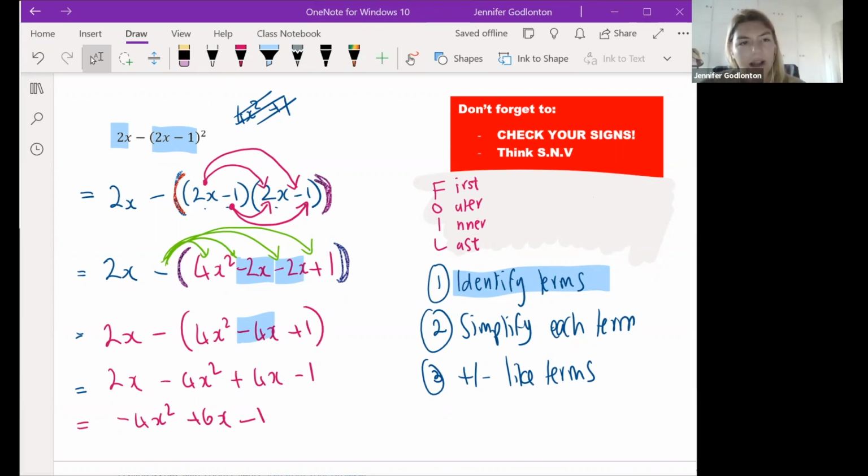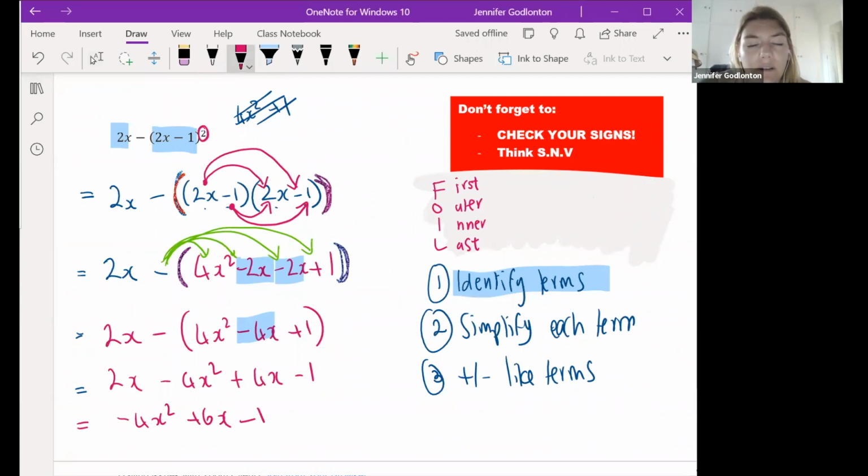Yeah, Burlington, how can I help? Second question. So in these cases, when we've got a square outside the bracket, we must not square everything inside the bracket. We must just write the bracket twice. Yeah, so whenever you see this square sign right next to that bracket like that, that means that bracket needs to be written twice.